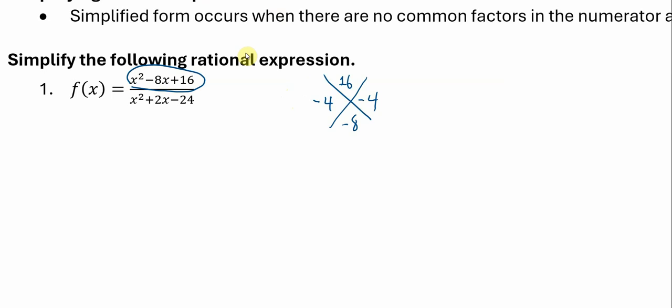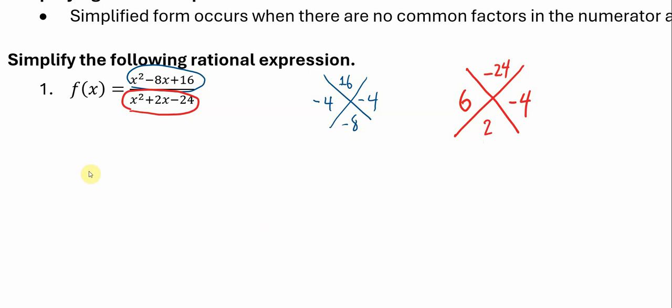Now we're going to do the same thing to the denominator. Looking here at our denominator, we're looking for two numbers that multiply to -24 but add to positive 2. It takes you a little bit of practice, but you get 6 and -4. They multiply to -24, they add to positive 2.